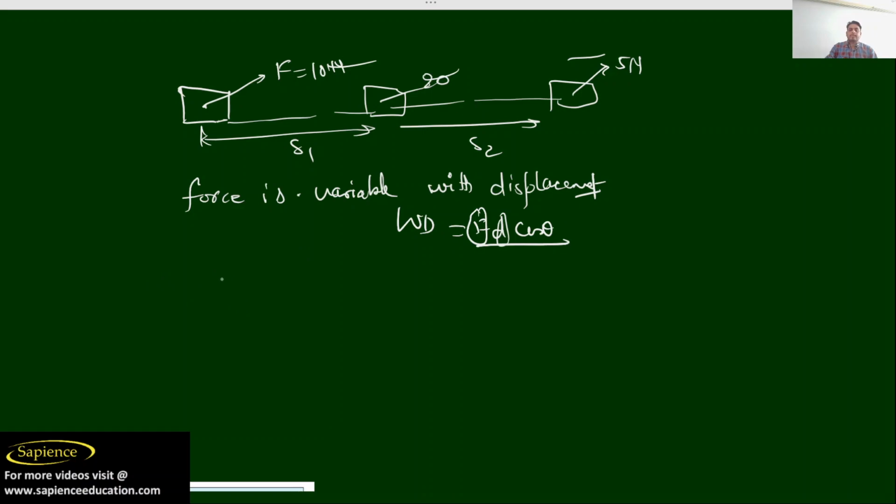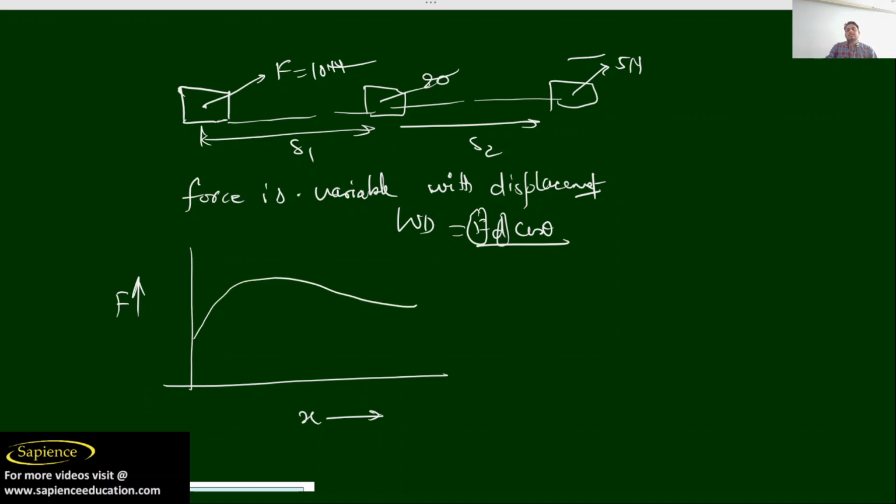For example, if I draw and represent the force and displacement graph, this is the displacement and this is the force. So force may vary like this. For every displacement, the force is different.